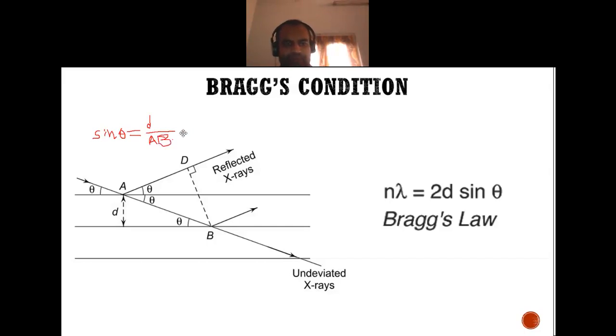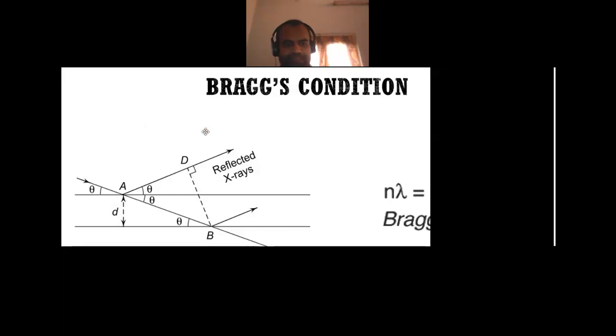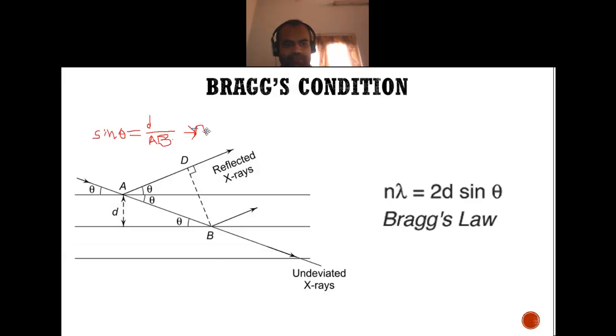So what is AB here? AB is d over sin theta.